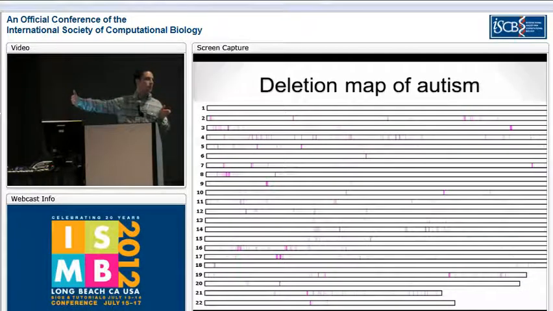So, well, this image, first of all, it's cut off, so it extends much farther. But there are these known regions of complexity throughout the genome, and a lot of them have been associated to diseases like autism.